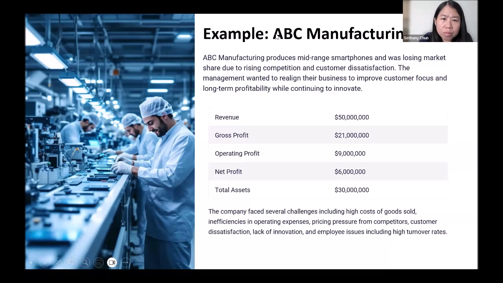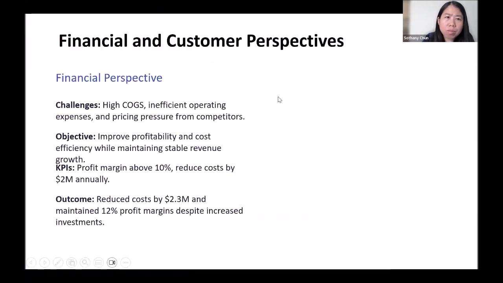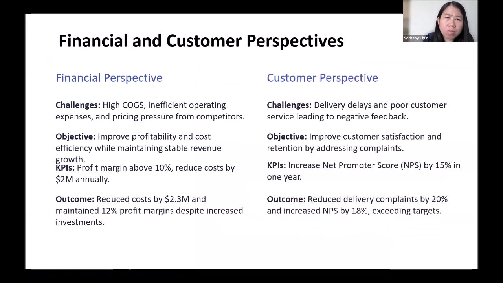And now let's go to the solution. The solution and strategic goals communicate the company's strategic performance through the balanced scorecard. We have 4 perspectives. The first is the financial perspective.